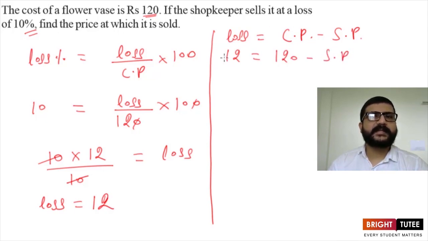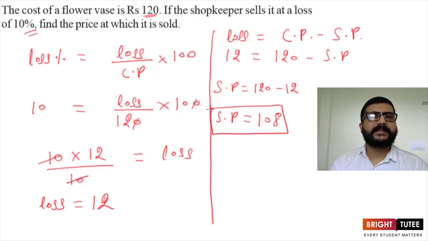Now let's transpose this SP on the left side and 12 on the right side. So this will give us SP is equal to 120 minus 12. Now what is 120 minus 12? It will be 108. So therefore SP we are getting is 108 rupees. So the selling price, or the price at which the flower vase was sold, is rupees 108.